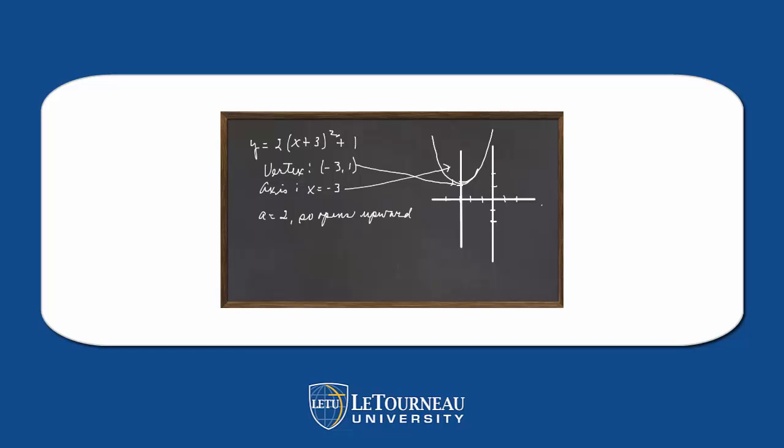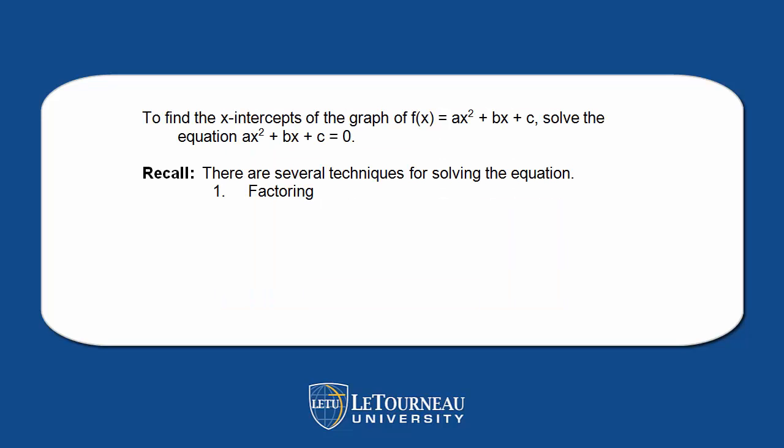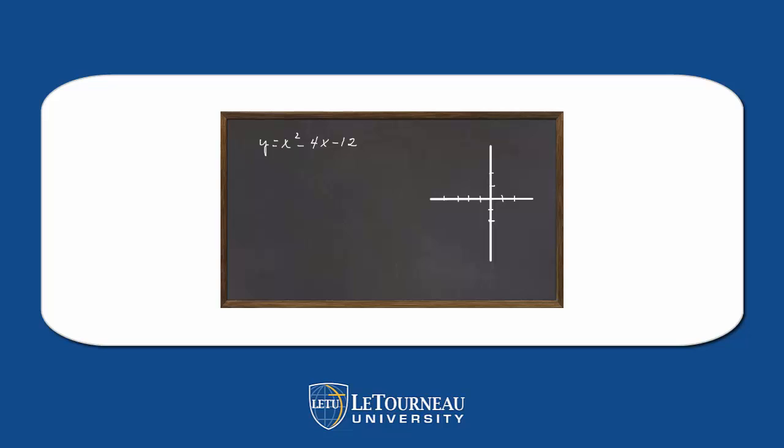All right, now there are several ways that we can find the x-intercepts, because if we can find them, it helps with graphing. The first way is factoring. Now, hopefully you remember from previous classes how to factor. We'll just do it the old-fashioned way here with our chalk and board.